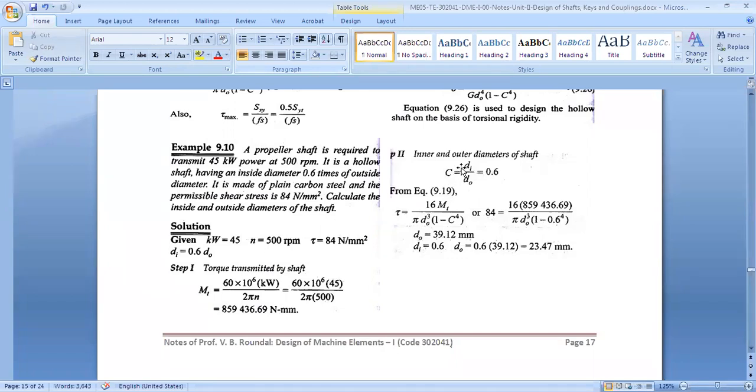If we know c and the maximum allowable permissible shear stress, directly given, no use of factor of safety and all that, they have given the allowable tau of 84. Put that tau is equal to 84, Mt we calculated in the first stage, 815436, and we know c, so we can find out the diameter do, right? Once we know do, multiply that by 0.6, we get di. So this is how we will do it. It is basically the same procedure. Only thing is that we have one extra factor.